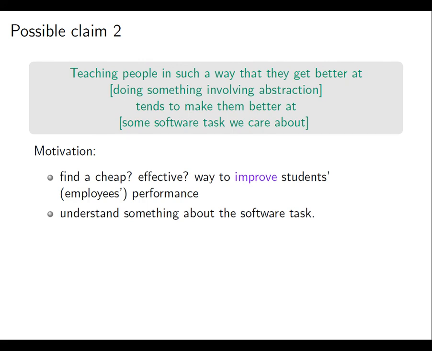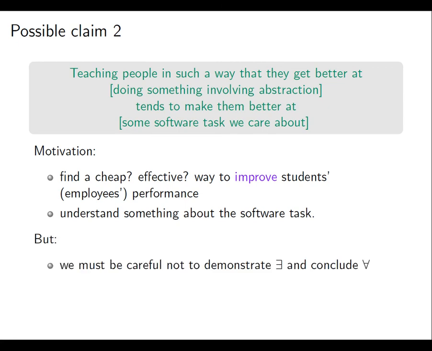We might think that we can exploit this fact in order to give a cheap or effective way to improve students, or indeed employees, performance on the software task that we care about. We can teach them about abstraction, and thereby they will become better at software. And again, of course, understanding the software task may also be a secondary motivation. But we have to be very careful here not to demonstrate something with an existential quantifier and conclude something with a universal quantifier.